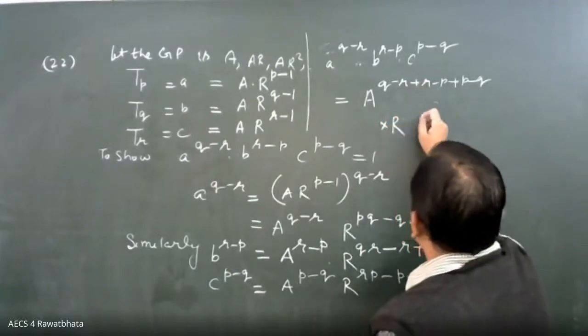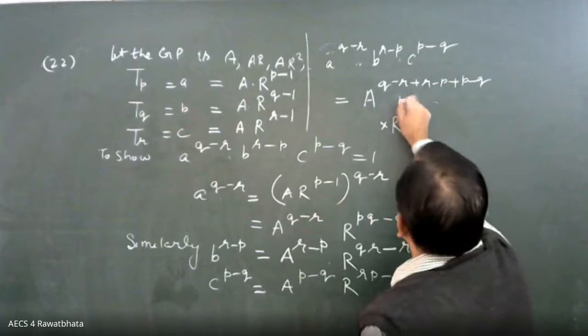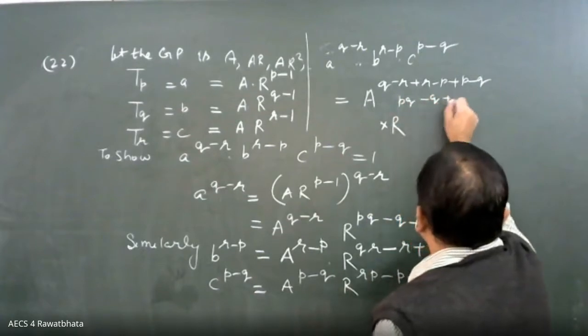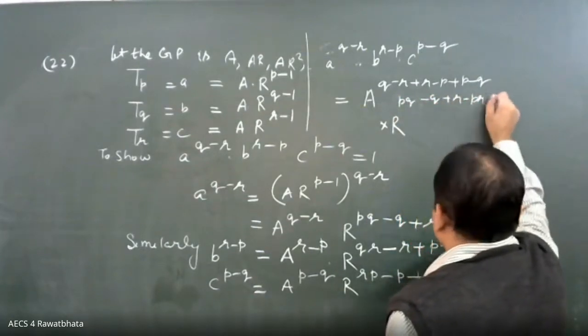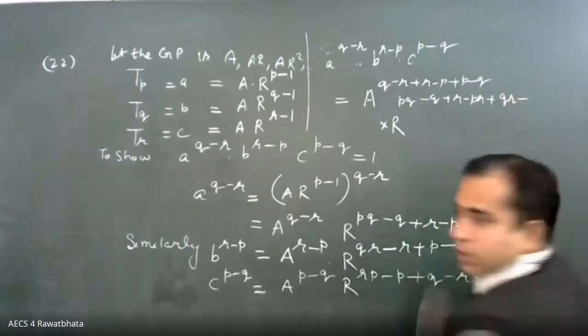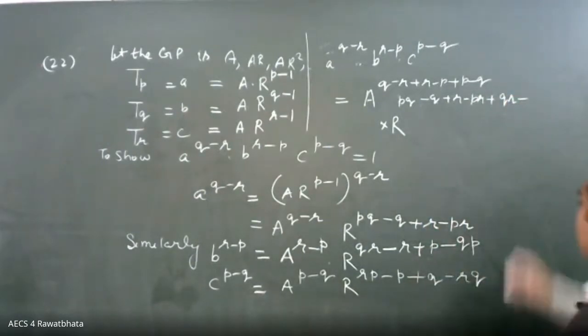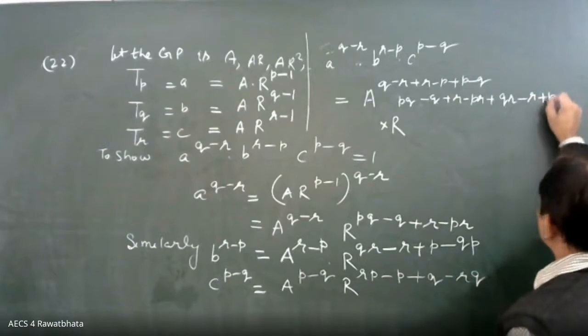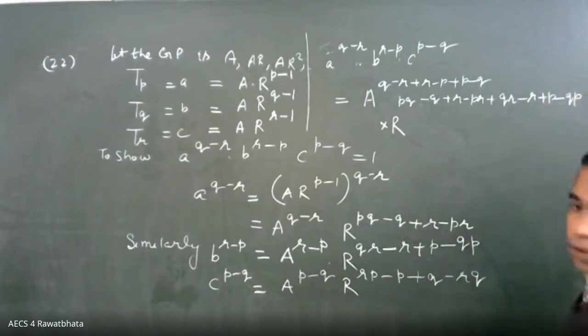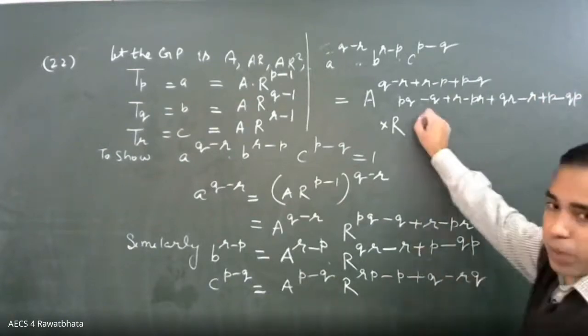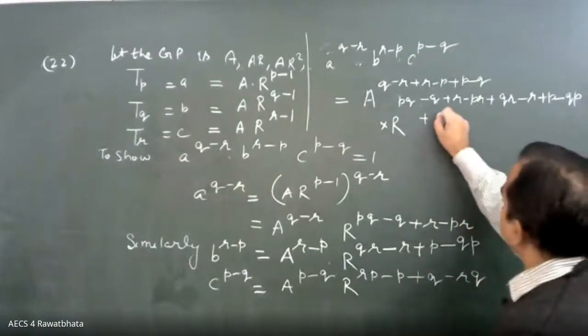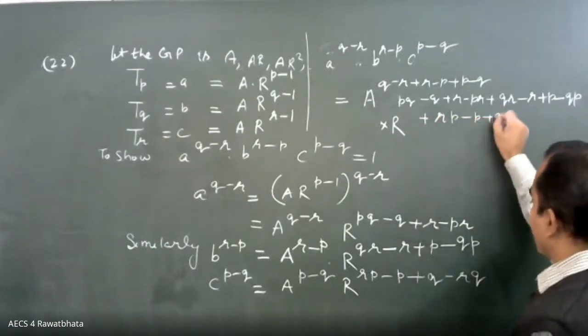So R raised to power pq minus q plus r minus pr plus qr minus r plus p minus qp plus rp minus p plus q minus rq.